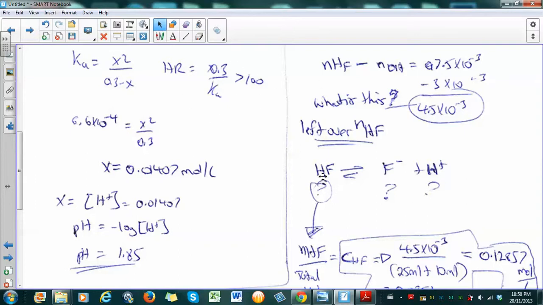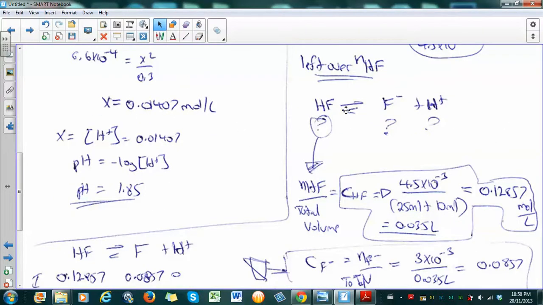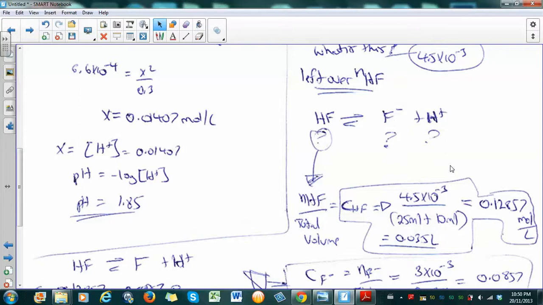HF goes to F minus and H plus, except now we don't know the initial concentration of this new equilibrium. Well, it's just moles over volume. We know the moles of acid left over was 4.5 times 10 to the negative 3, and the volume is 25 mL plus the 10 mL added, which is 0.035 liters.